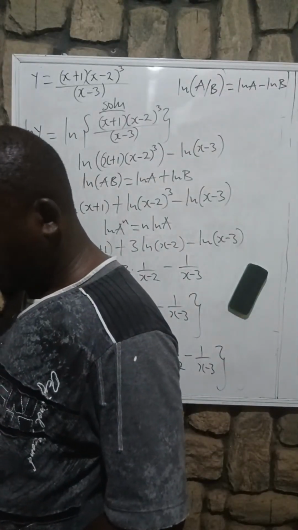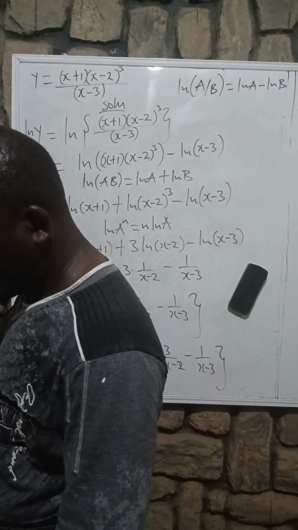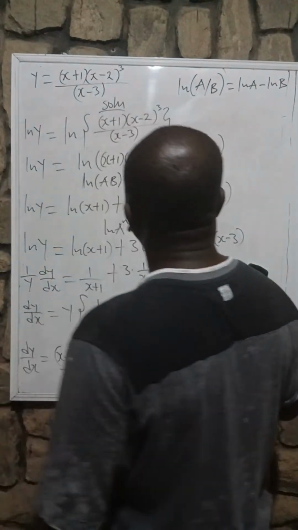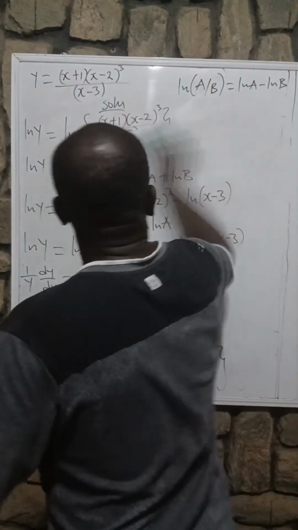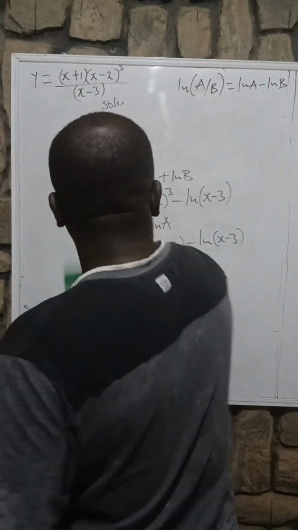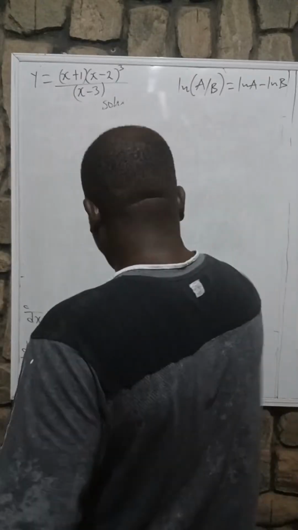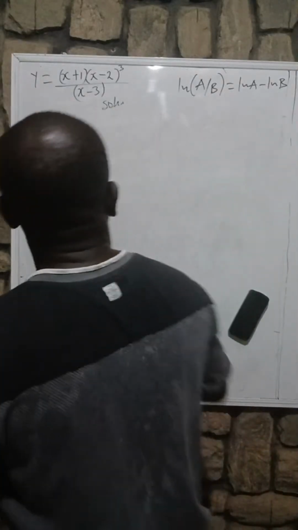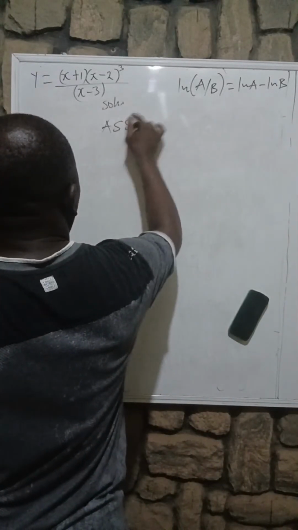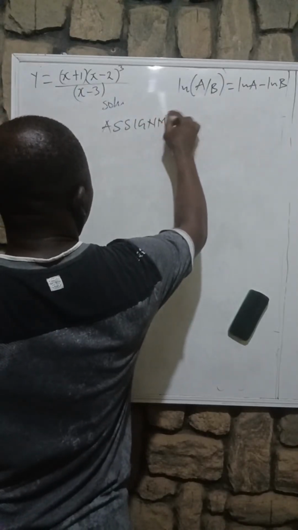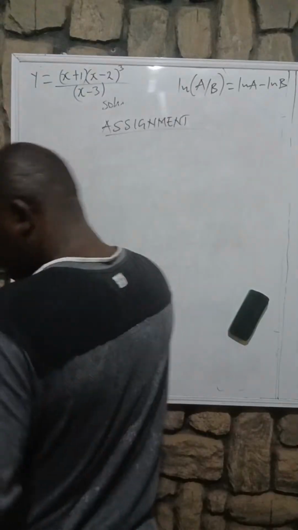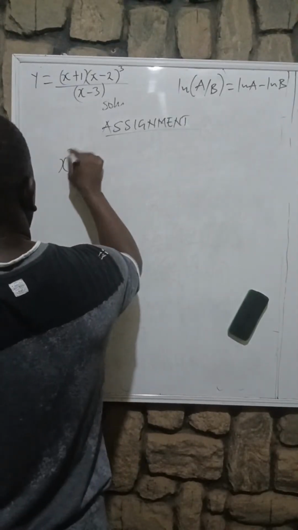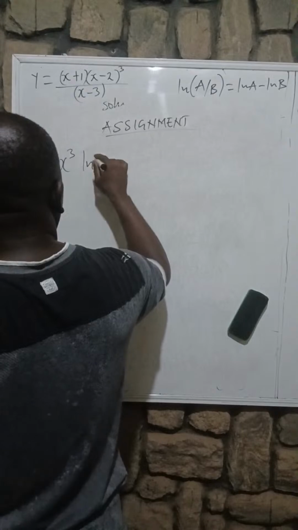This is your assignment. Okay, I'm getting it tomorrow. Use logarithmic differentiation to evaluate x raised to power 3 ln 2x.